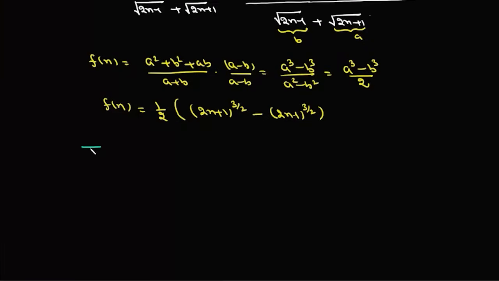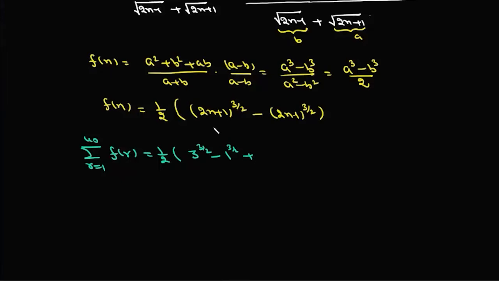So we'll find this summation, r varies from 1 to 40, f(r). So it will be 1 by 2. If we put r as 1, we'll get 3 to the power 3 by 2 minus 1 to the power 3 by 2.